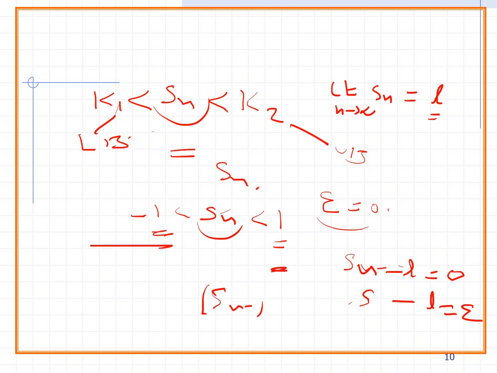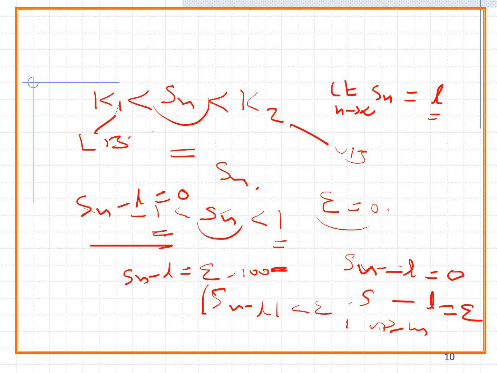At that time you can write modulus of Sn minus L less than epsilon, for n greater than or equal to m. Actually the main one is Sn minus L equal to 0, but here you can't identify that exact value, so you consider the nearest value. That's why you apply epsilon.